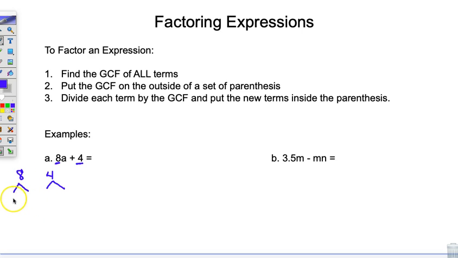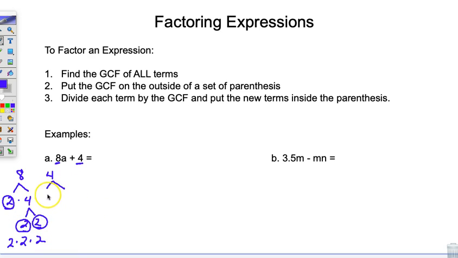So if I break down 8, I can break that down into 2 times 4. 2 is a prime number, so I'm going to go ahead and circle it. 4 can be broken down into 2 times 2. Once we have all of the prime numbers, I'm going to write them near the bottom, 2 times 2 times 2. I can tell the prime numbers because those are the numbers I circled.